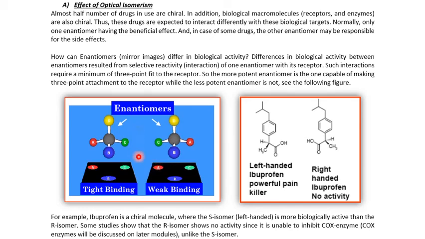You could imagine having a mirror in between, and you can see that one of them is the mirror image of the other. And if you try to superimpose this molecule onto that, you will not be able to do that. That's why it's defined as an optical isomer, actually defined as a chiral molecule in this case, which is an example of optical isomers.